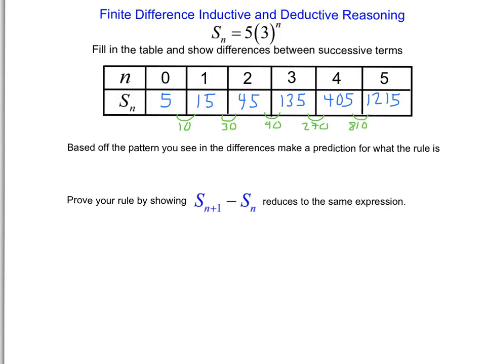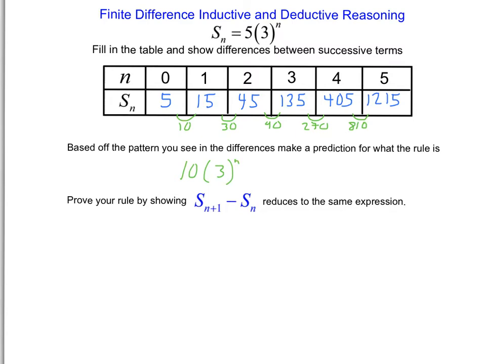So actually, we can see a bit of a pattern here where it really looks like I'm doing 10 times 3 to whatever power that I'm on.